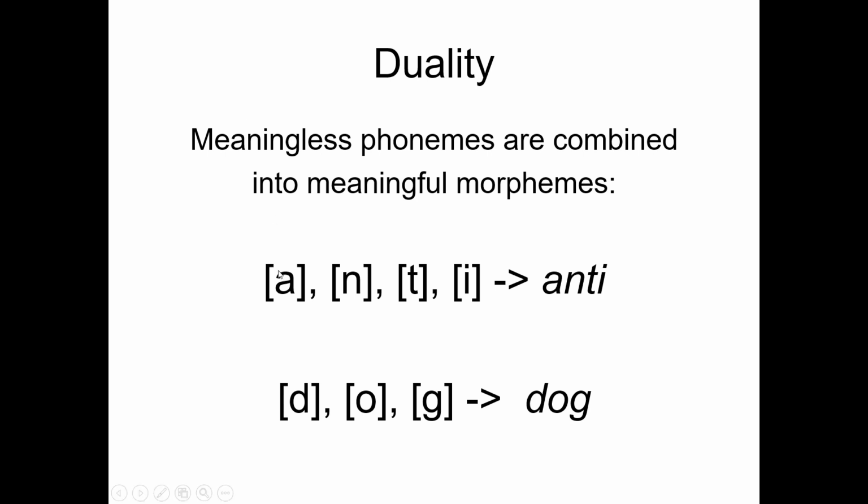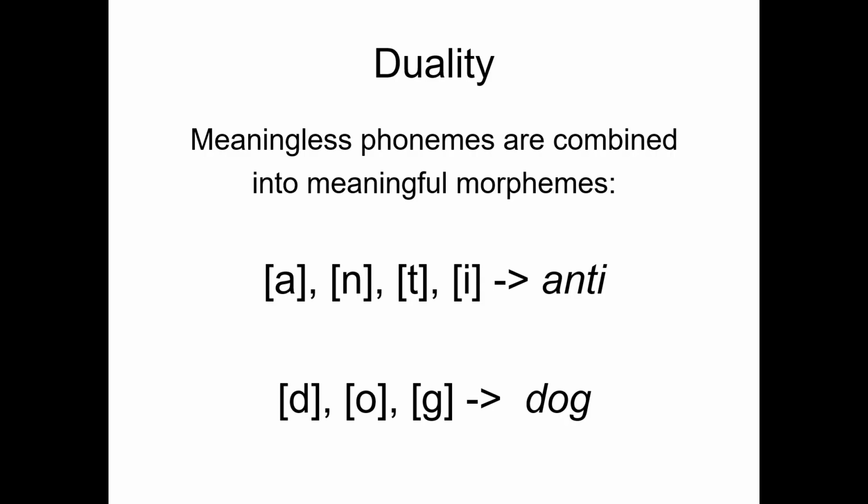So you have a or n, t, e or I, right? So individually these sounds don't mean anything, but if you combine them into an articulatory sequence, then you have a morpheme. So duality is about language functioning on two levels.